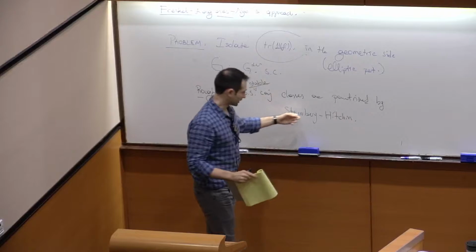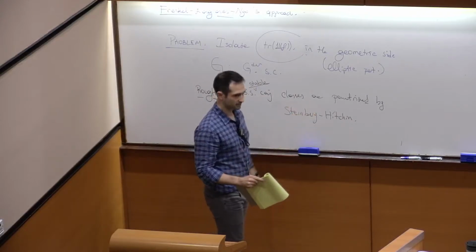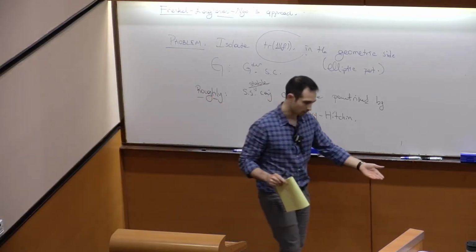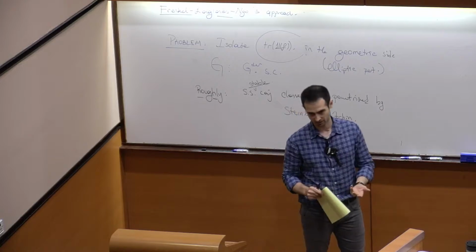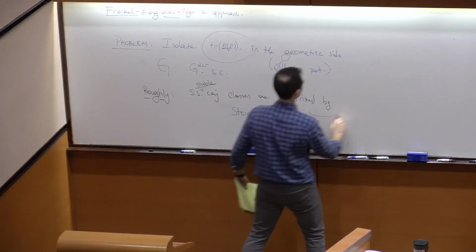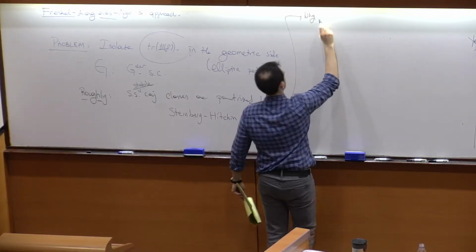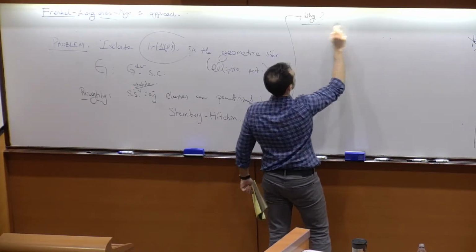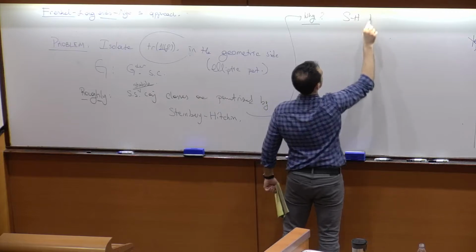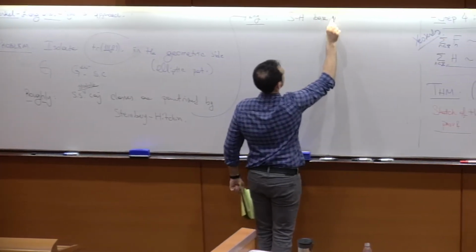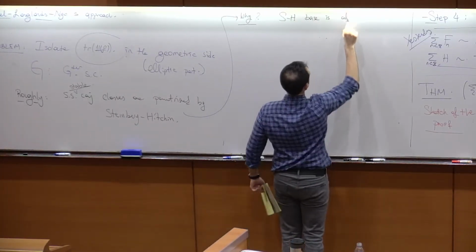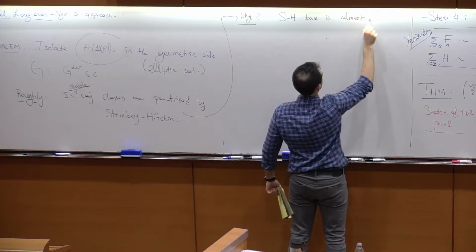The Steinberg-Hitchin class, which is an enhanced version of the space of characteristic polynomials, is almost an affine space. Why may this be any useful? So this Steinberg-Hitchin base is almost an affine space.